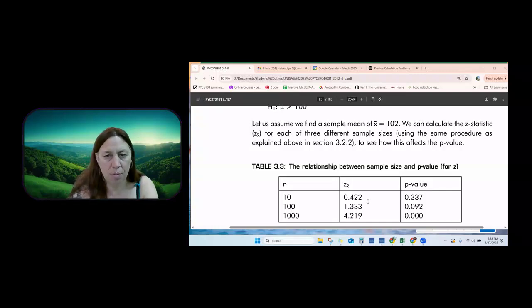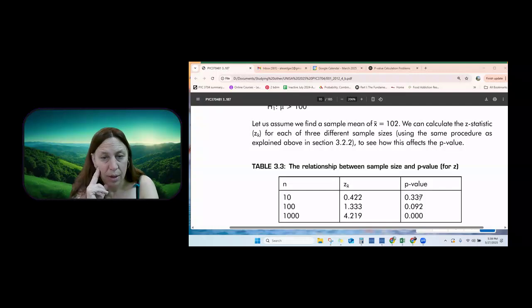Look at the difference sampling size makes. With a tiny sample, it could lead you to a Z value of 0.4 and a p-value of 0.337, which is very high, and far too high to be statistically significant. One clever student could pull that whole thing skew.